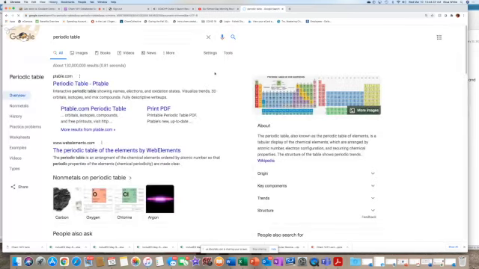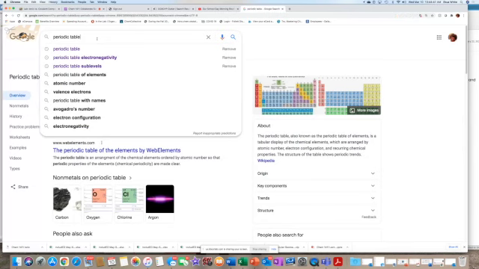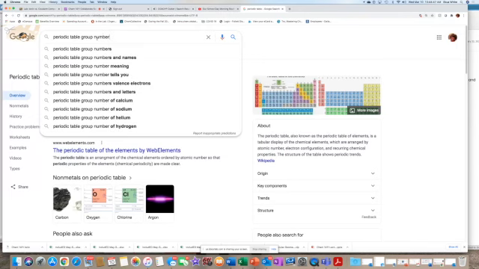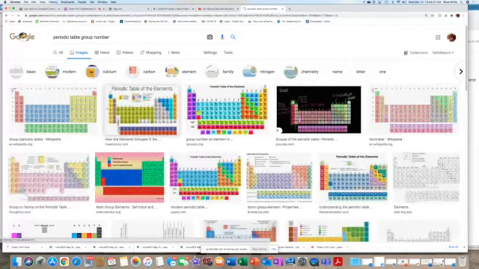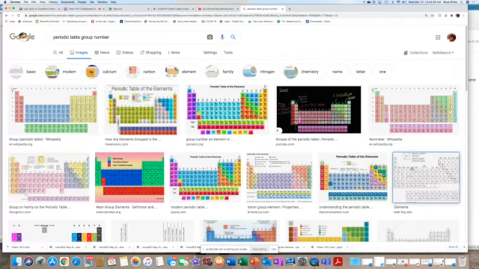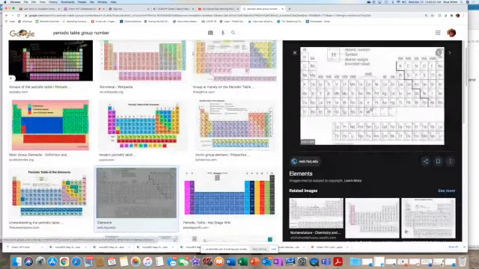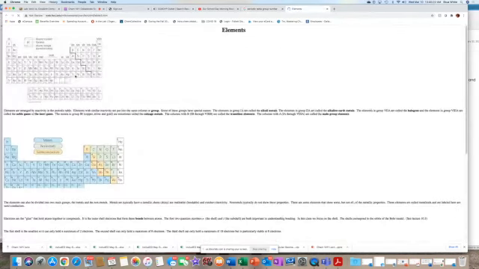I have my table set up so high. Oh, I need it with, I'll just say, group number. So I want the periodic table that shows me group number. Man, the internet these days is like all this stuff, so much stuff. Okay, let me pick one that's not so busy. Oh, I like this one. Is it clear enough?